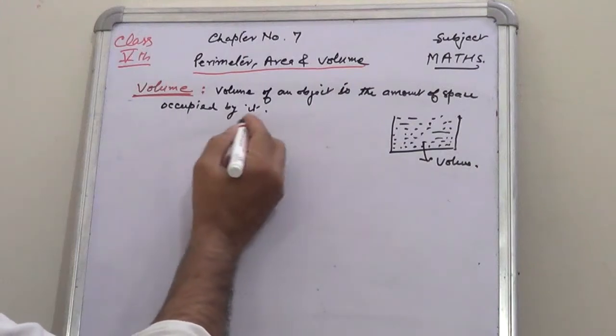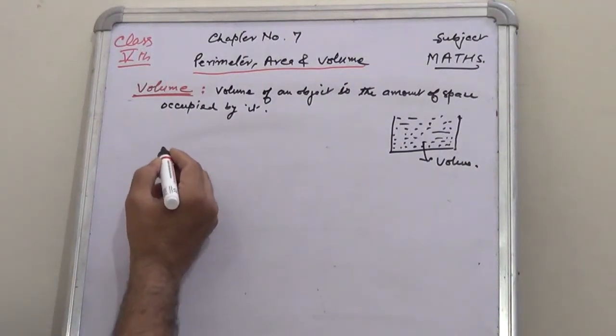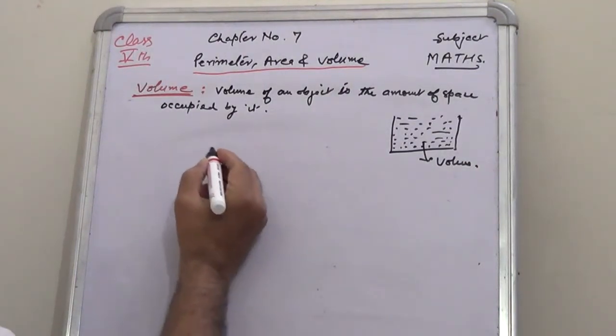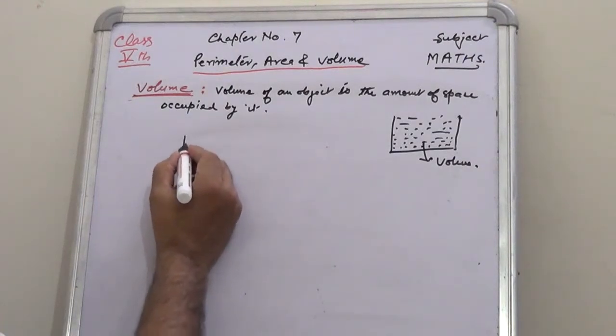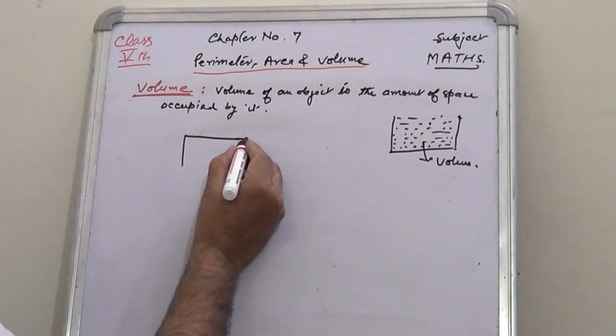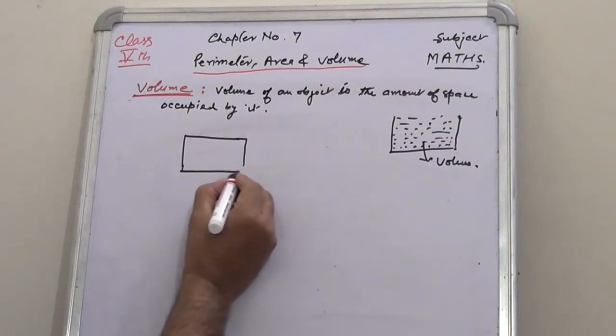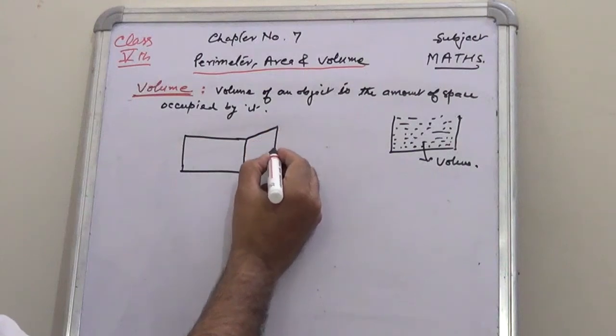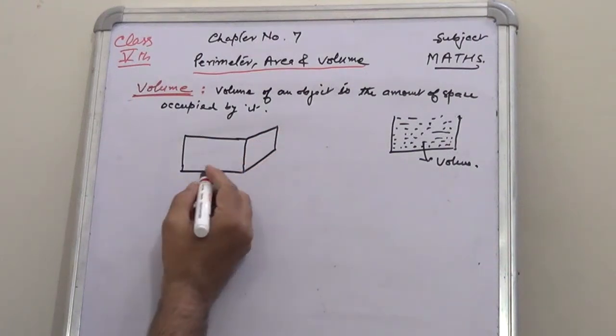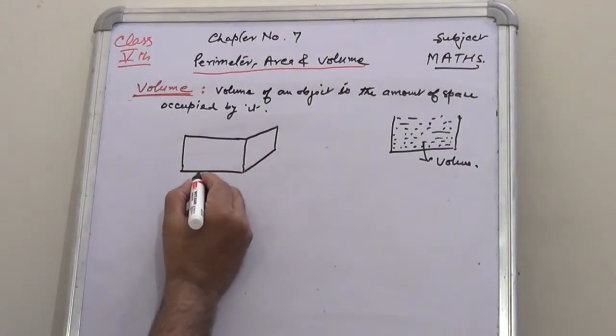Now, suppose we have an object like this. This is called a cuboid.